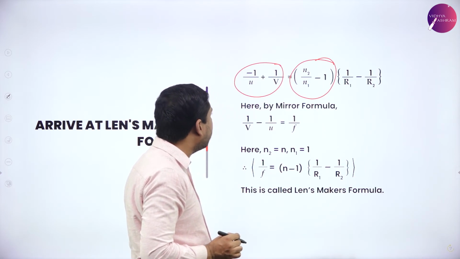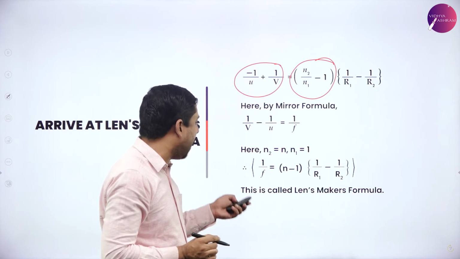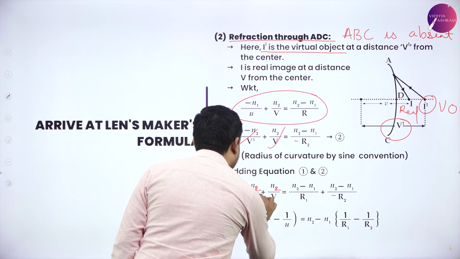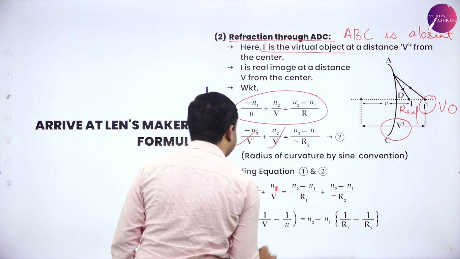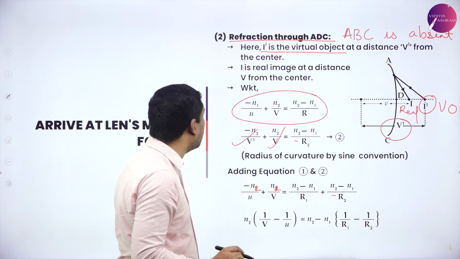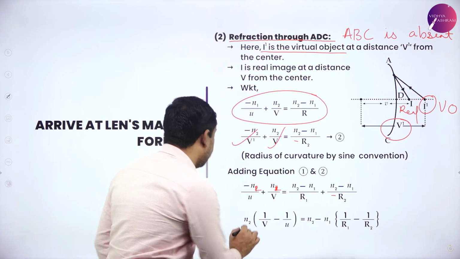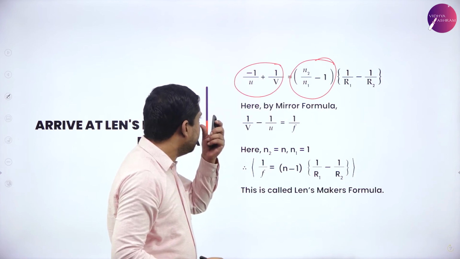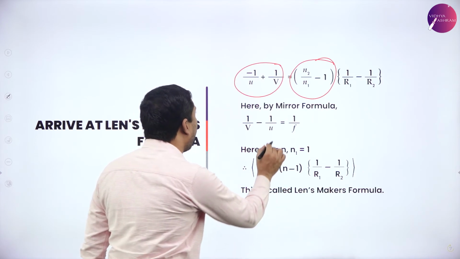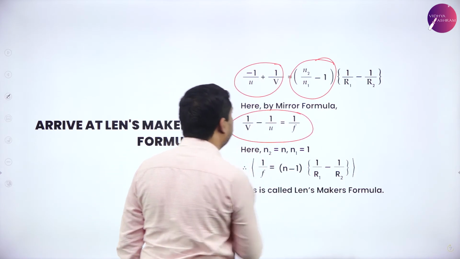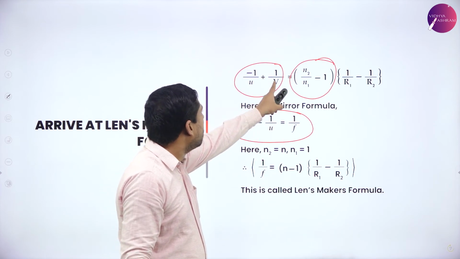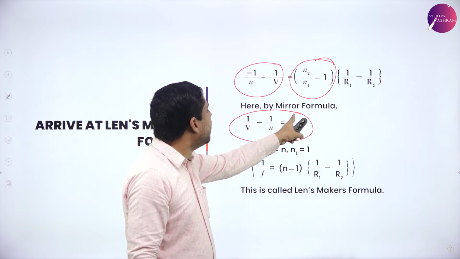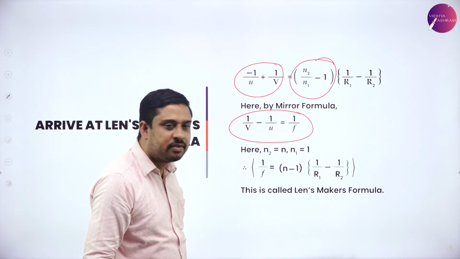So I have divided throughout by n1. And therefore here, if we observe, the numerator is n2 by n1. So this is n1. Now we have a formula called mirror formula, which says 1 by v minus 1 by u equals 1 by f.